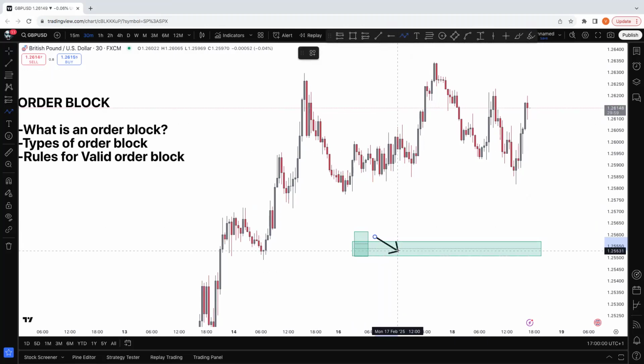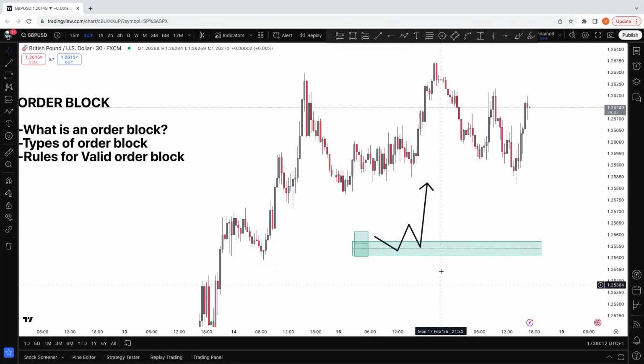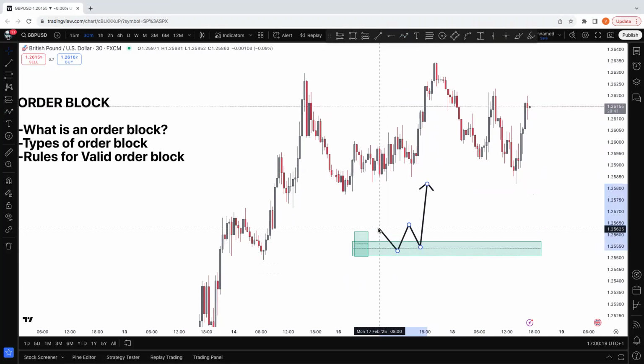You could see the market range this way, you could see the market moving this way, and once a high volume of liquidity is introduced by the smart money, you're going to see an impulsive push to the upside or to the downside. That zone, we refer to as an order block.